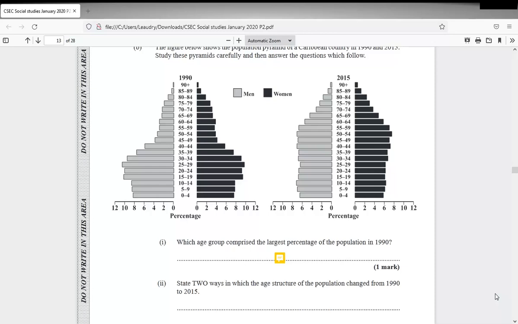So here we go. The first part says, which age group comprised the largest percentage of the population in 1990?